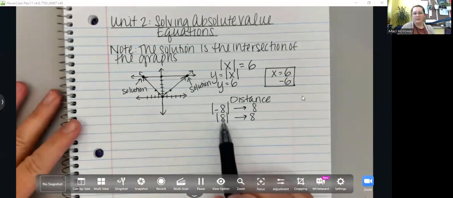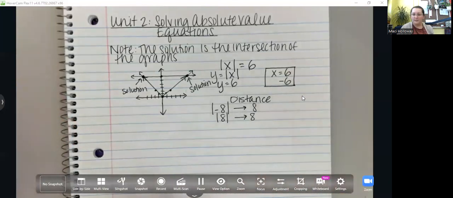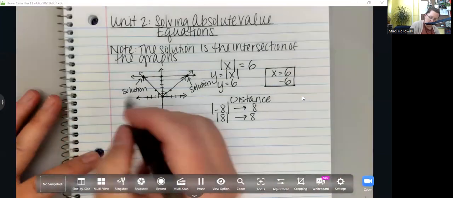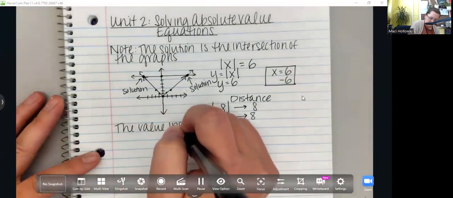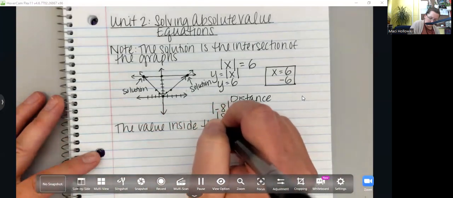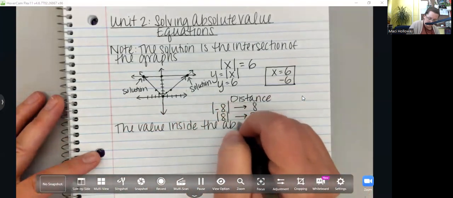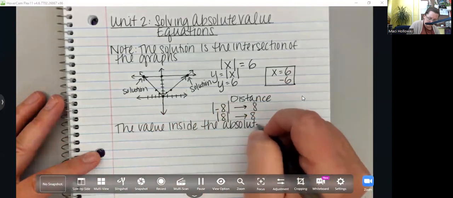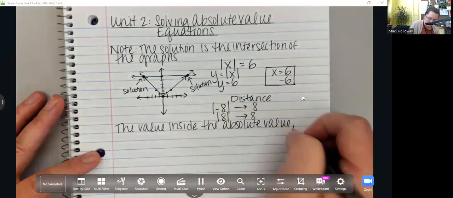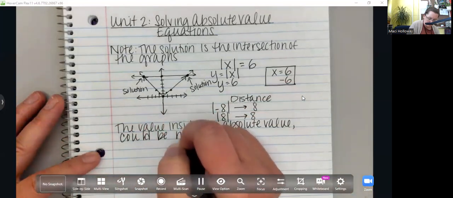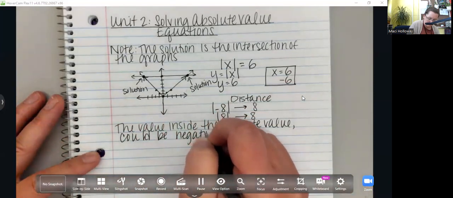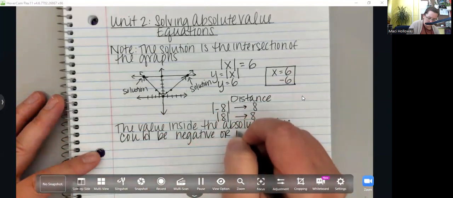So the value inside the absolute value bars, I said radical and I said that wrong, the value inside the absolute value could be negative or positive.